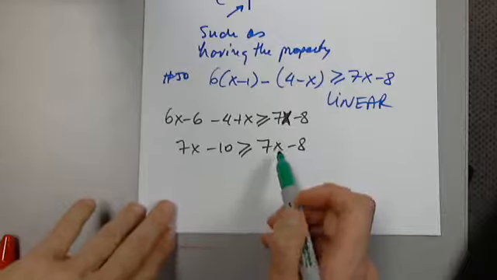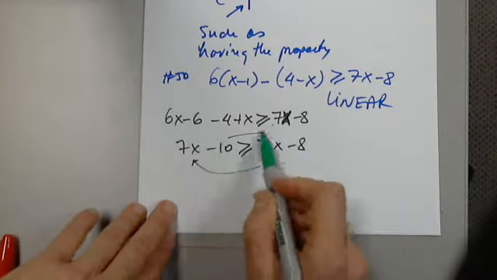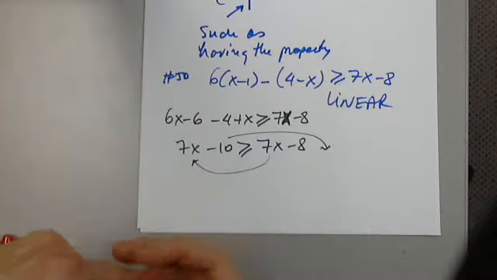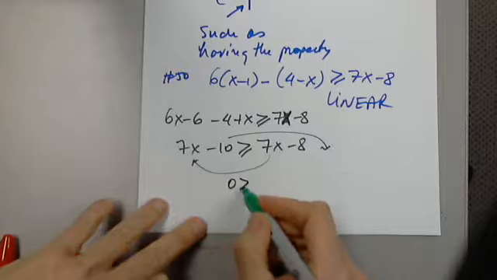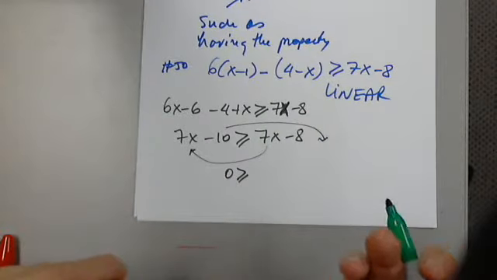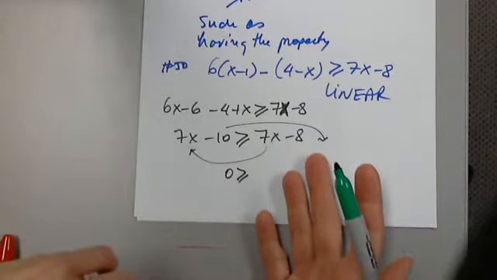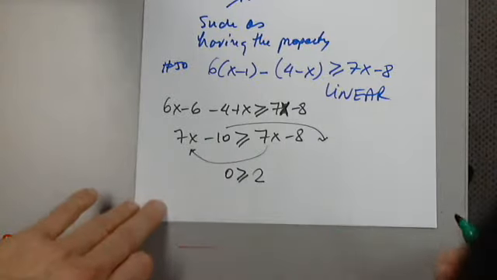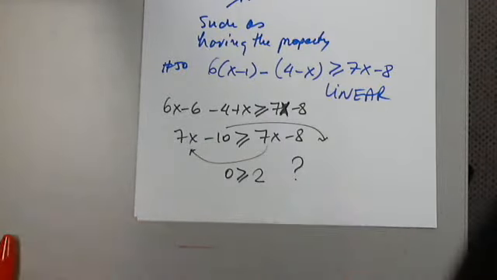Now I would like to keep the variable on the left, so I move 7x and I move 10. But when I move 7x from the right to the left, what do I get? 0. Very good, thank you. Awesome. Greater than or equal to, when I move -10 to the other side, it becomes positive, and 10 minus 8 is 2. What do you conclude here?